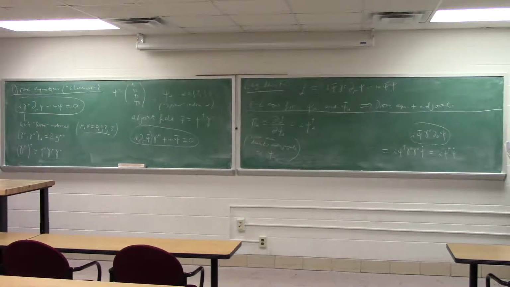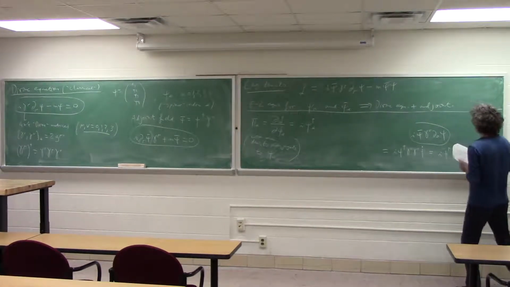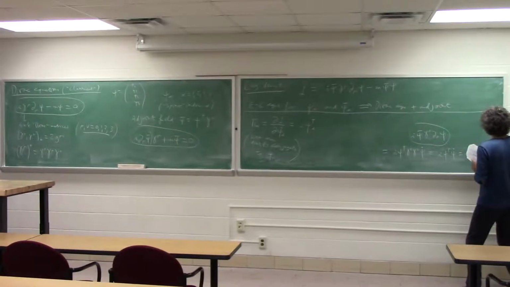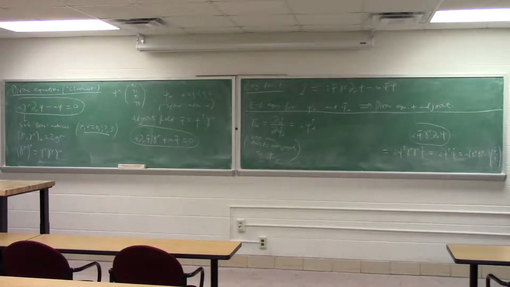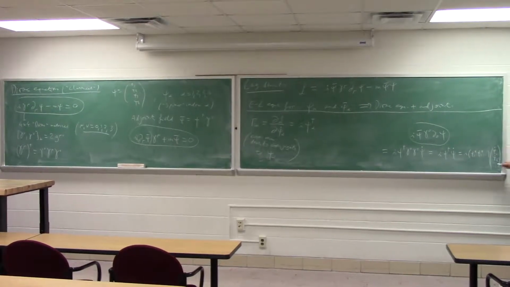Now, what does this mean? If you write it out in matrix form, this is psi 1 star, psi 2 star, and this is psi 1 dot, psi 2 dot. We've got a row vector times a column vector.